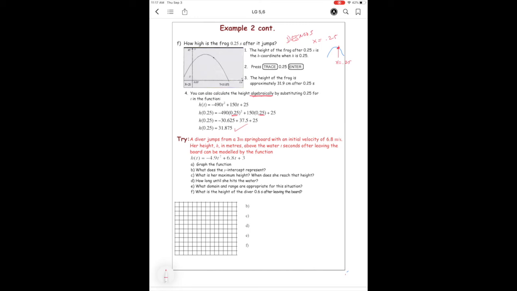All right, so you can pause and you can try the example of the diver jumping off a springboard. So the first thing you always want to do is do a sketch. So I'll make this my x and y axis. But remember, this is t now, right? Because we're using t instead of x. And this is h of t, the height.